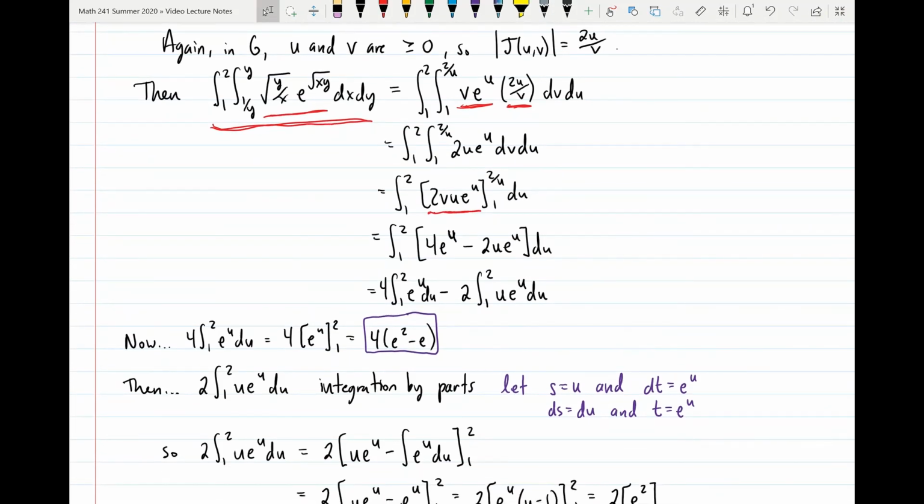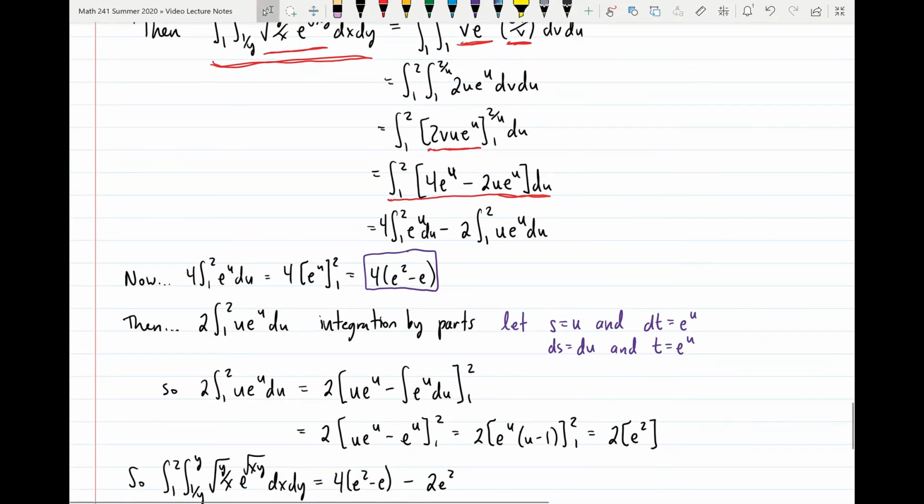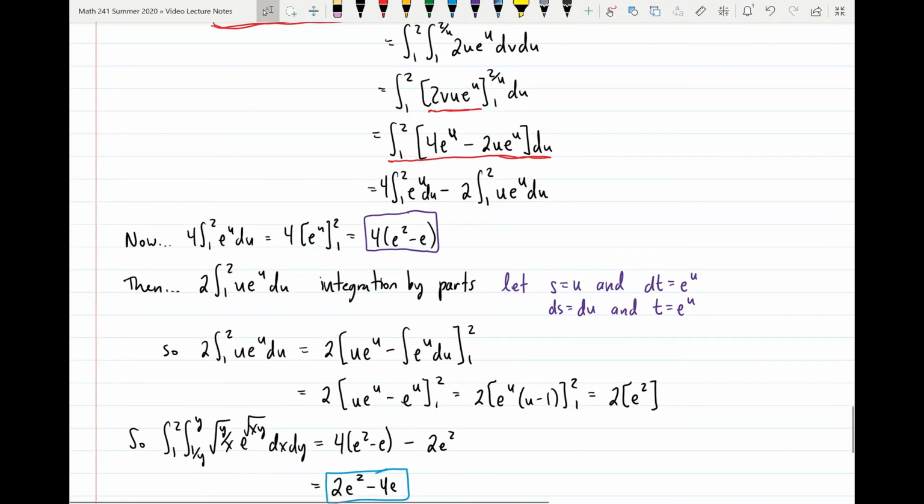And we can plug in 2 divided by u and subtract what we get when we plug in 1, and we get this 4 times e to the u minus 2 times u times e to the u. And now we're taking the integral from 1 to 2 of this expression with respect to u. I split it up into 2 different integrals because the second part of the integral, this minus 2 times u times e to the u, will require some integration by parts.